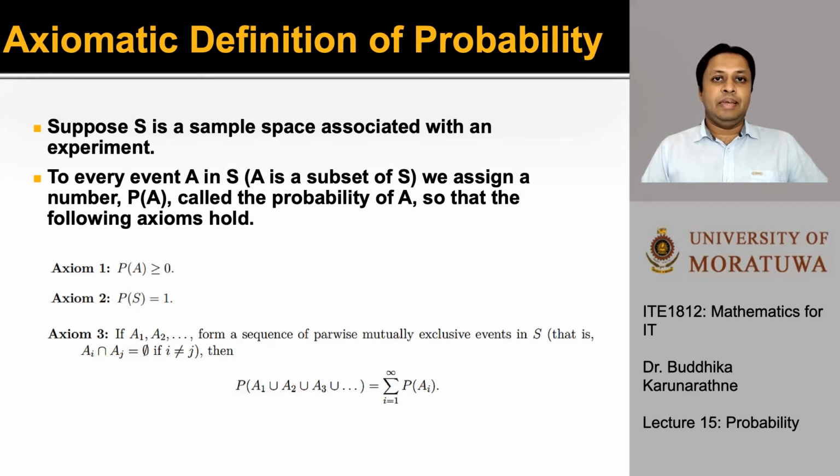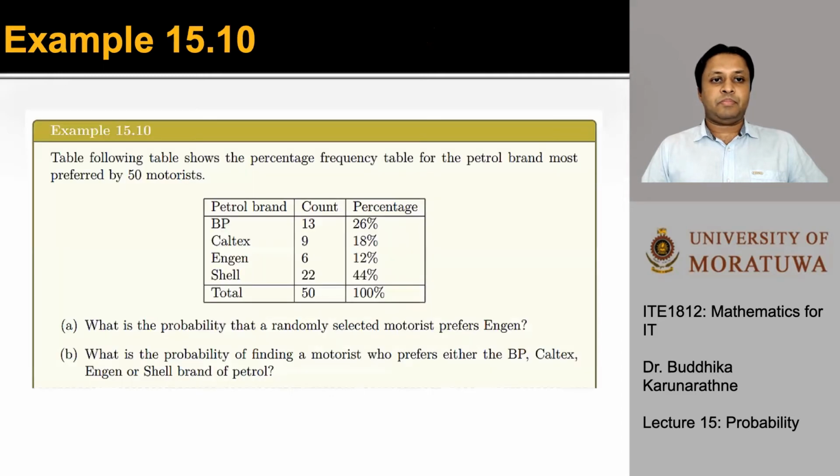That means P(A1) plus P(A2) plus P(A3) and so on. So these are the 3 axioms that we introduce regarding probability. So we have an example here.